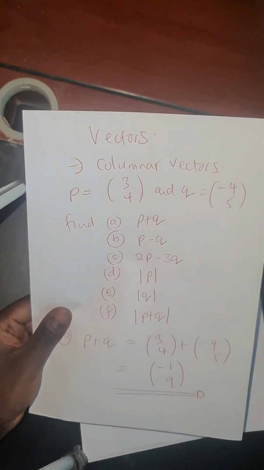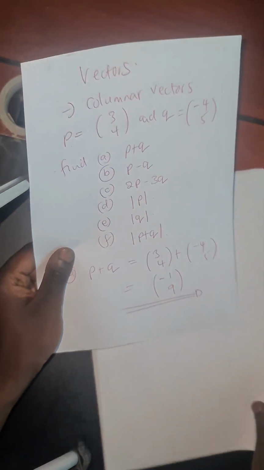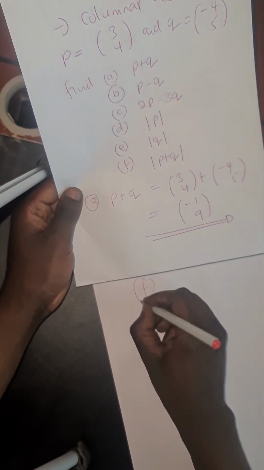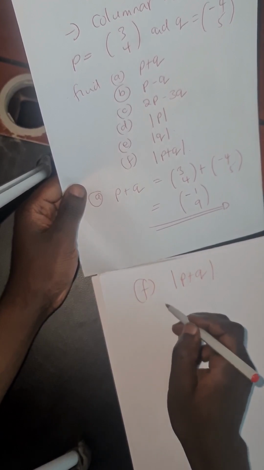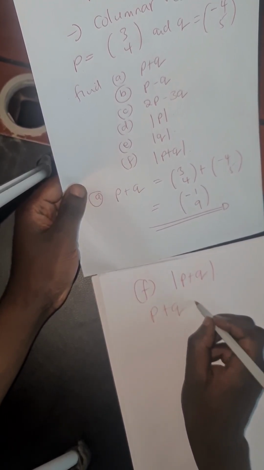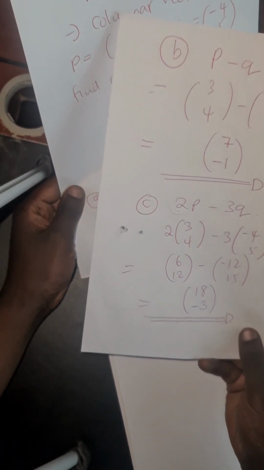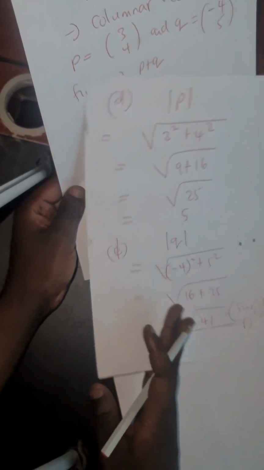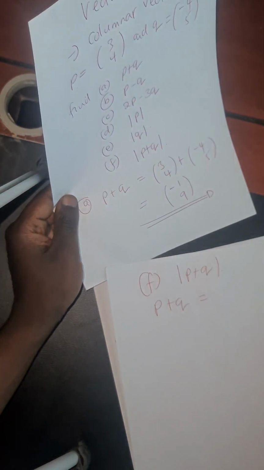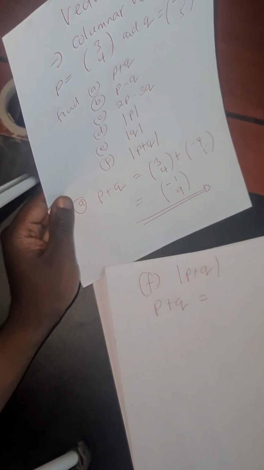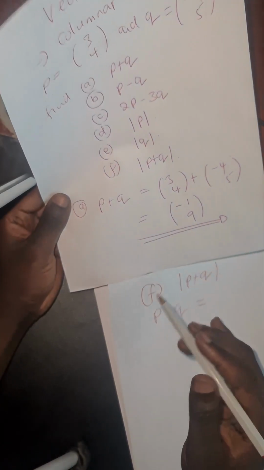Now I want to do the one that is the modulus of P plus Q, right? We worked out P plus Q earlier. Where is our P plus Q? P plus Q is right here.